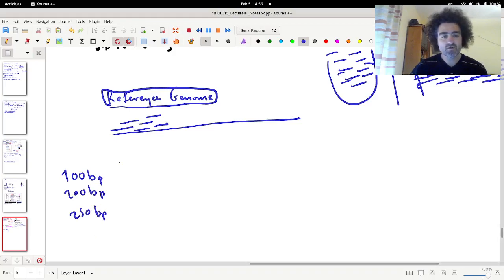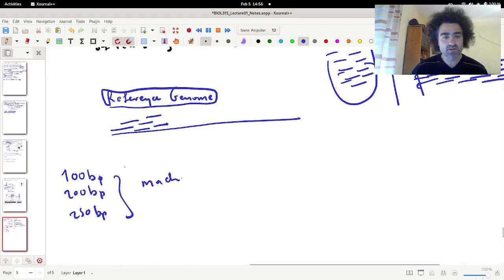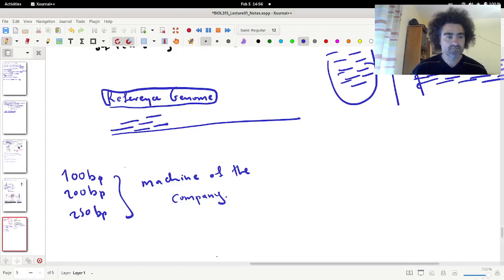This depends on the machine of the Illumina company. Okay, that's it for the moment.